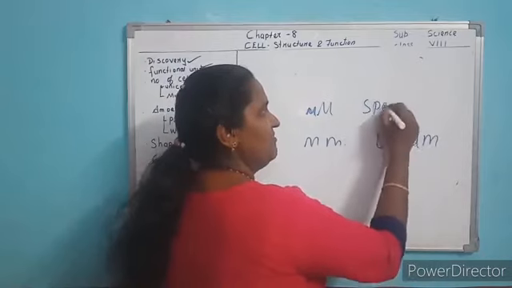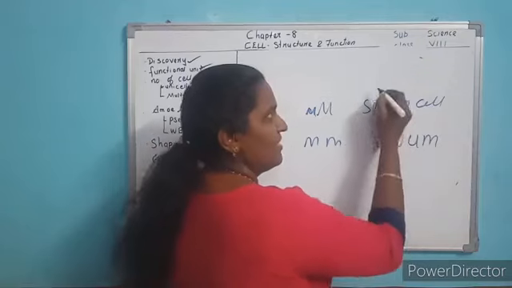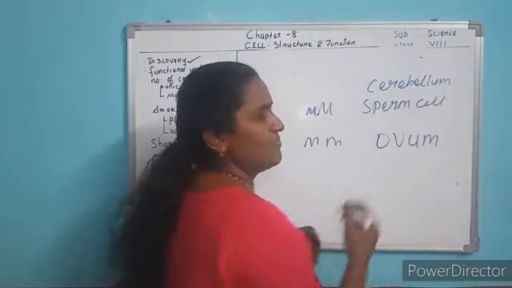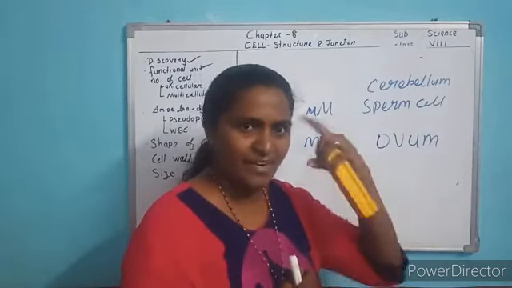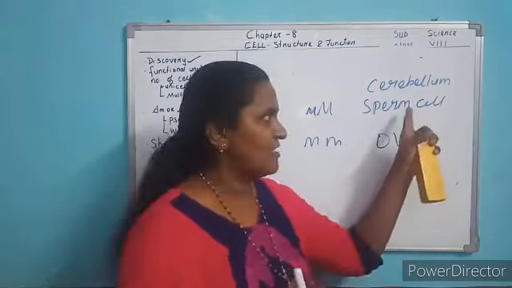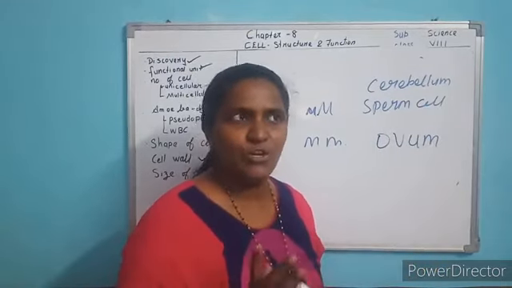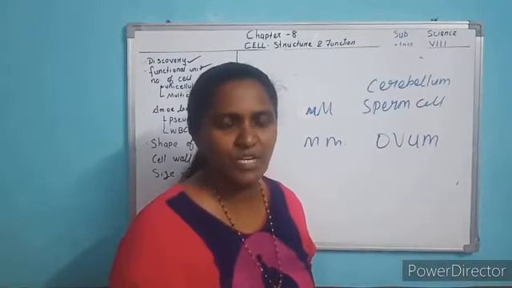Sperm cell or cerebellum granular cell in the brain, this is the smallest cell in our body. The ovum is the largest cell in our body. Generally, the smallest cell among all organisms is bacteria.